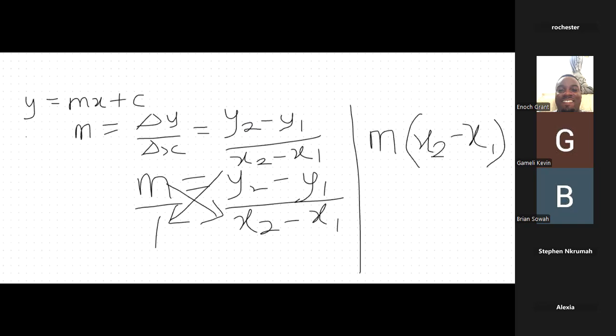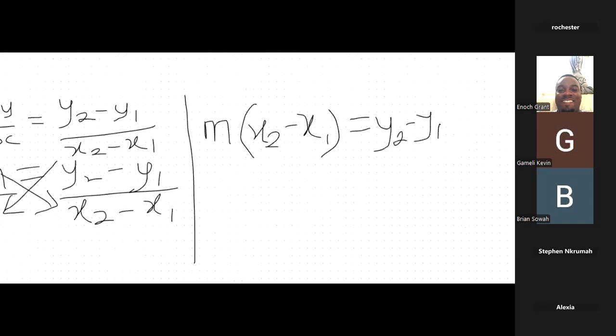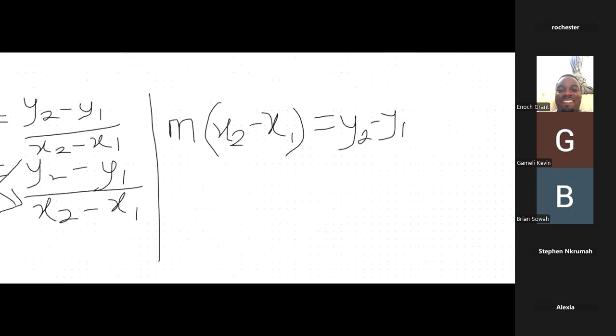So now we are here. m times x2 minus x1 is equal to y2 minus y1. At this point, we can rearrange the equation. We can bring the right hand side, y2 minus y1, to the left hand side, and the left hand side to the right.